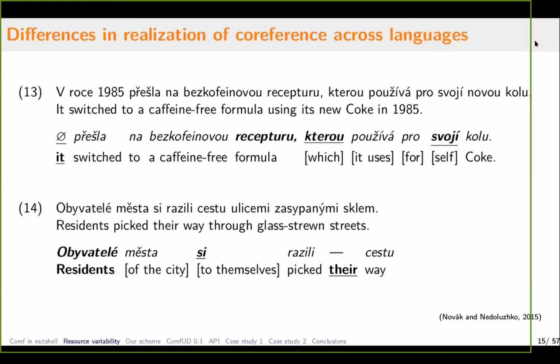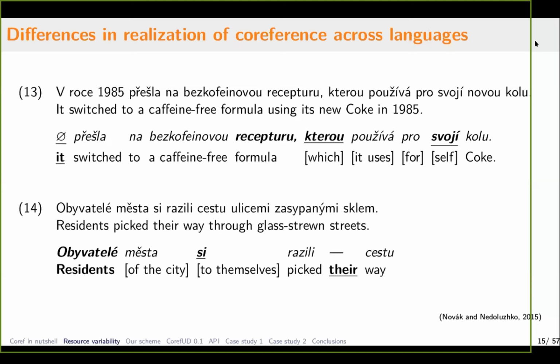And in English, here the possessive pronoun is used, and in Czech the reflexive possessive pronoun is used. And there are many cases where no possessive pronoun, neither reflexive nor the common possessive pronoun, is used in Czech. That is elided.